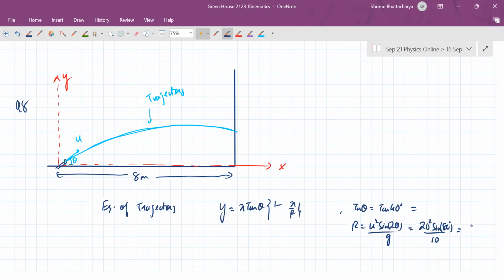Okay, so first of all, that tan 40 will also be pretty close to tan 45. And this one, sin 80, as I said, is pretty close to 1.